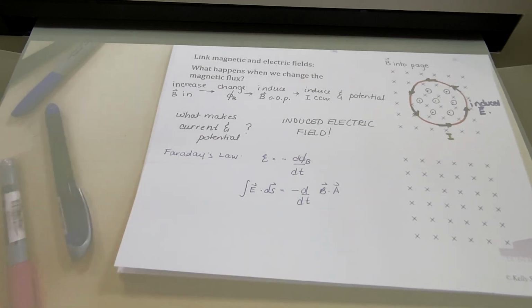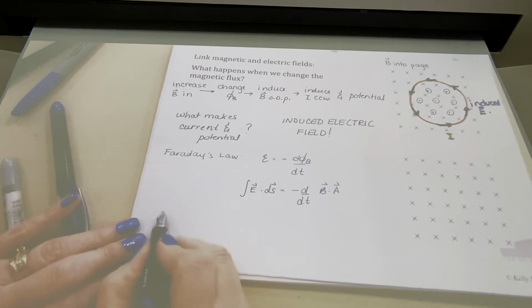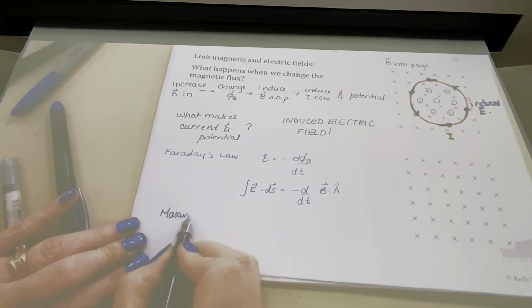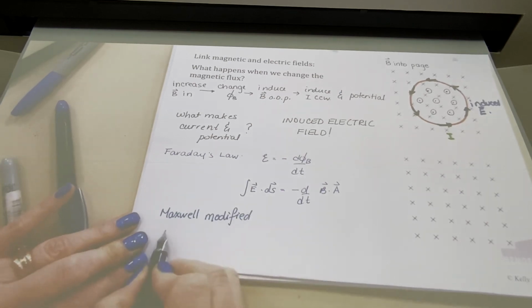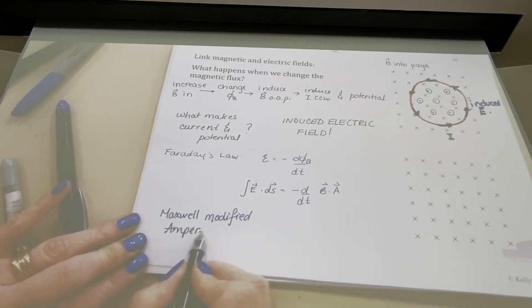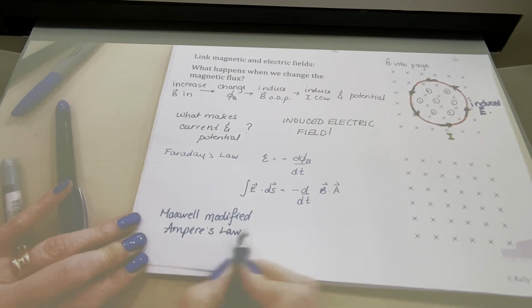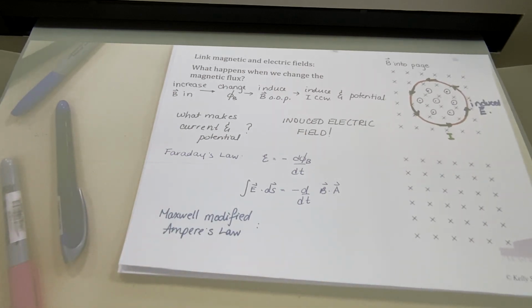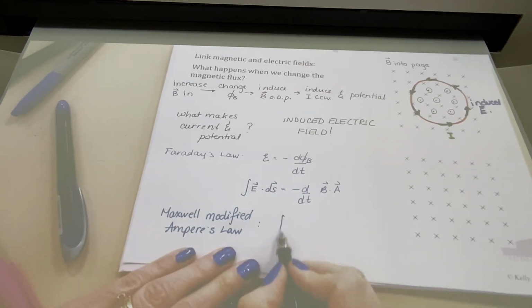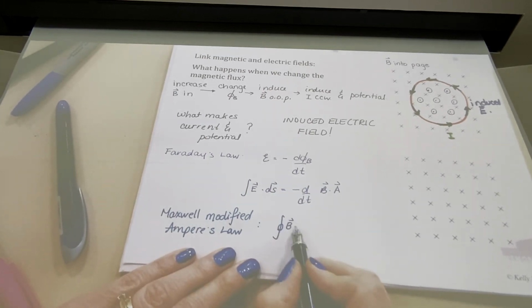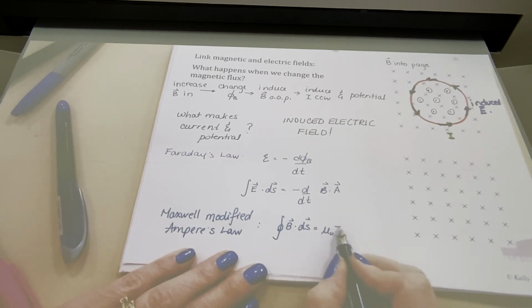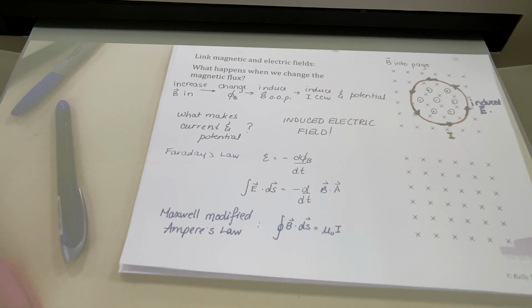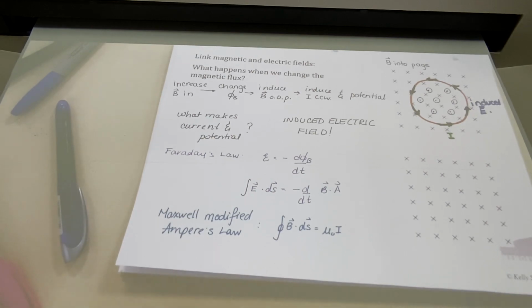That led Maxwell to modify Ampere's law. So Ampere's law, we started out, we said that the integral of magnetic field over a closed path was mu naught times I. So that was our Ampere's law, and we use that to find the magnetic field in a solid cylinder and around a long wire and all that stuff.